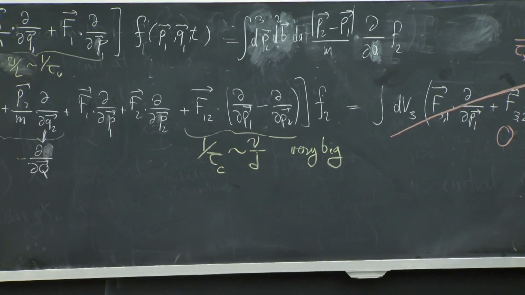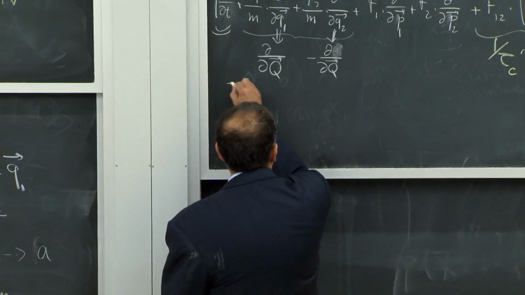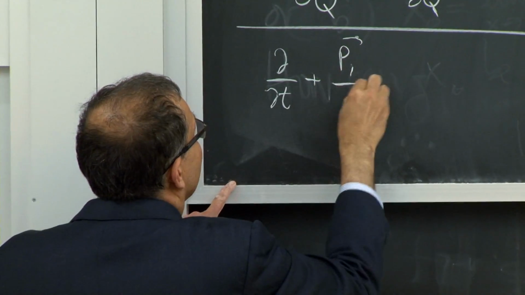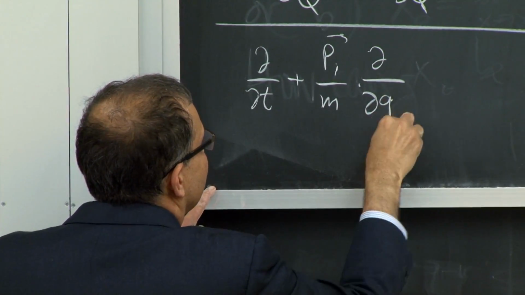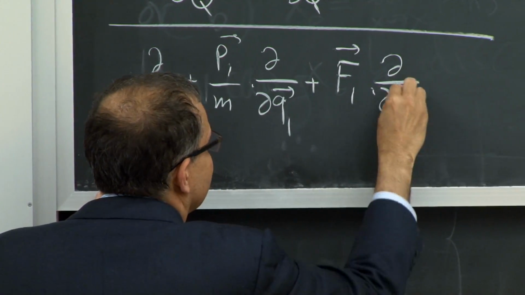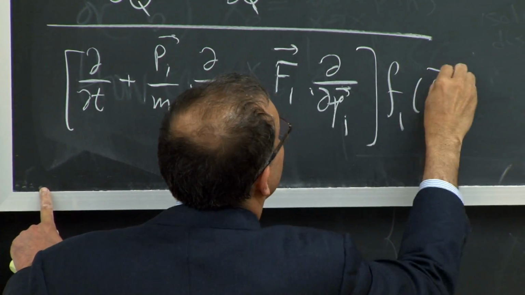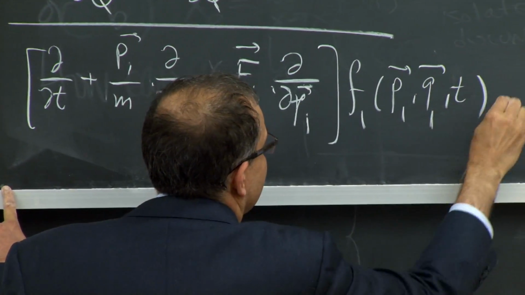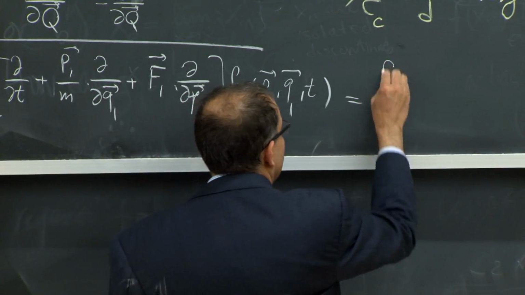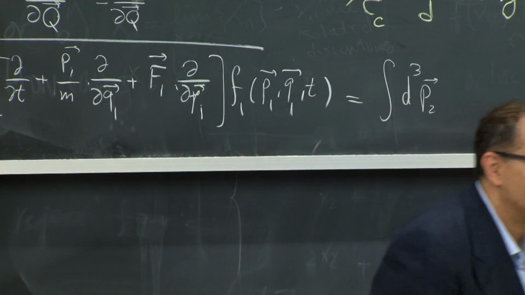Right? So if I were to rewrite the whole thing, then what do I have? I have d by dt plus P1 over M d by dq1 plus F1 d by dp1, don't make a mistake, acting on F1 of P1, Q1, T. Okay, what do I have to write on the right-hand side? I have an integral over the momentum of this particle that I'm going to make a collision with.